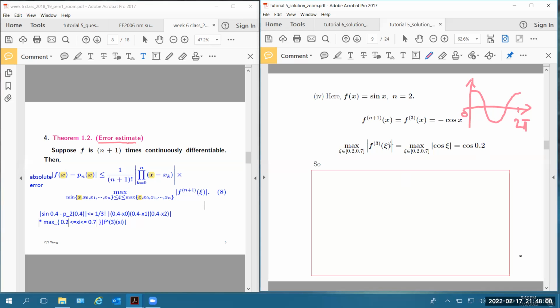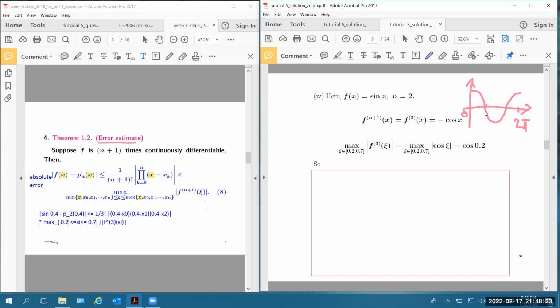Now when it involves trigonometric functions, the default unit is radian. So here 0.2 to 0.7 means from 0.2 to 0.7 radian.